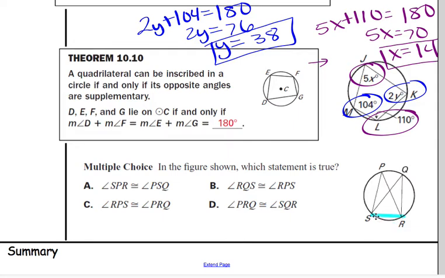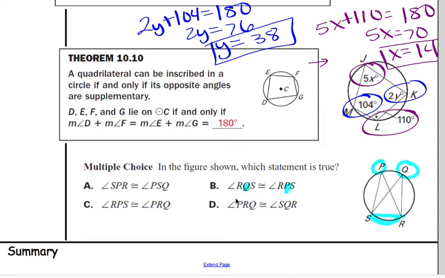This is arc SR from S to R around the edge here. And the angles that intersect that have vertices of P and Q. So we need to look and see, do any of these angles have vertices at P and Q? This one has vertices at P and at Q.